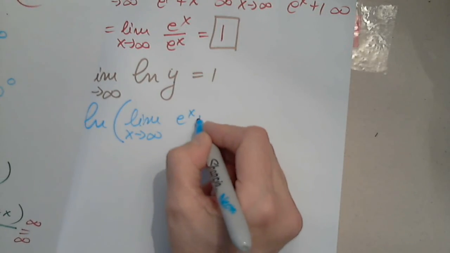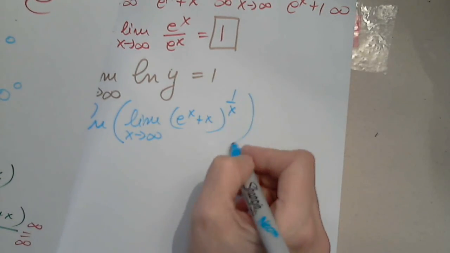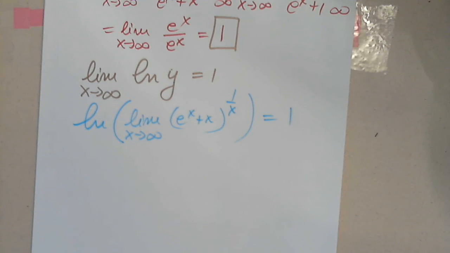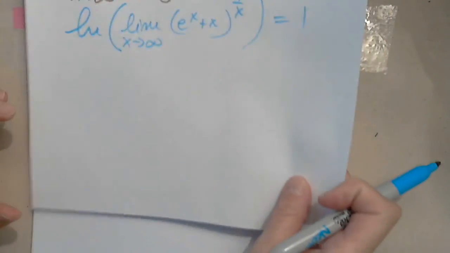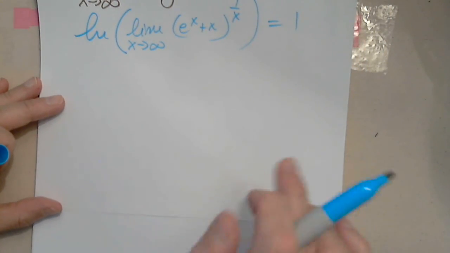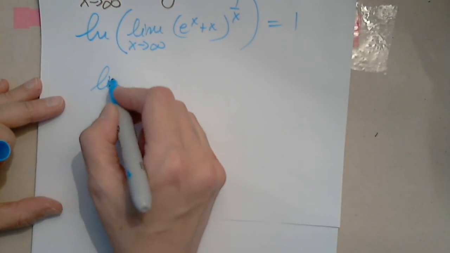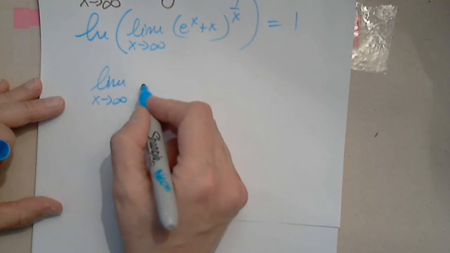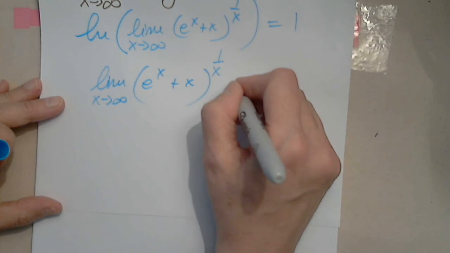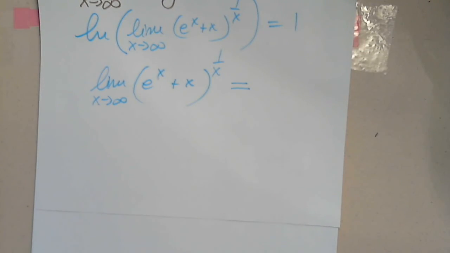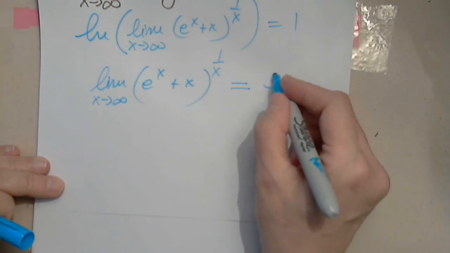Now instead of y, I copy the function: e to the x plus x raised to 1 over x is 1. In the same way, we know what this equals. So therefore, the limit as x approaches infinity of e to the x plus x raised to 1 over x equals? Is it B? Very good.